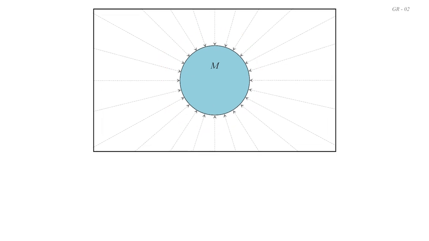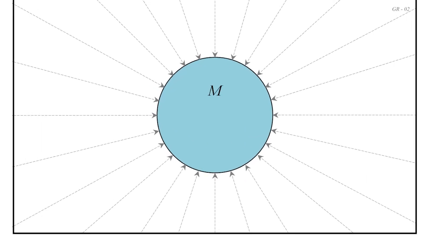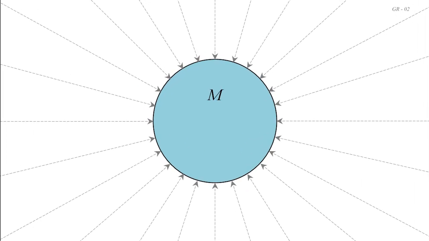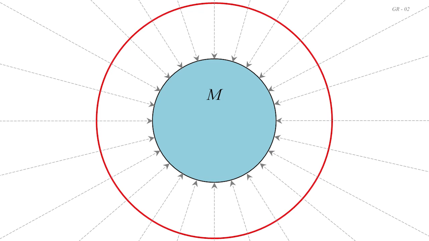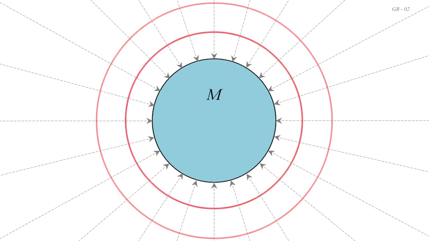So with an isolated mass capital M like this, which could, I suppose, be the Earth, we can choose any outside radius that we wish in order to perform this calculation for the total number of lines of flux, because the number of lines passing through this red sphere is the same as through this one.